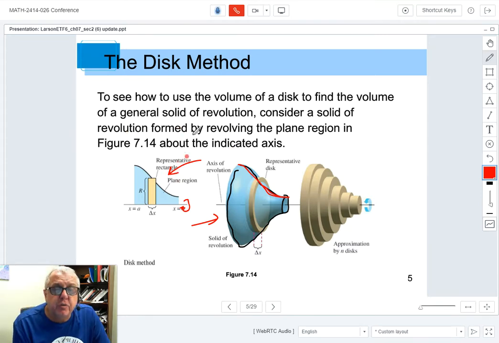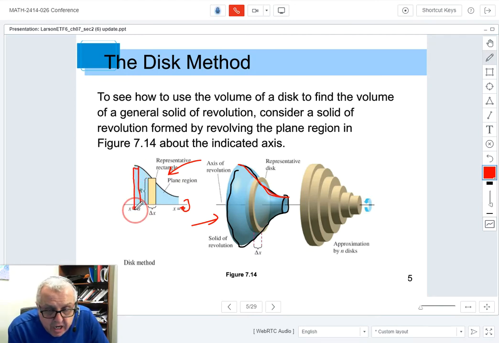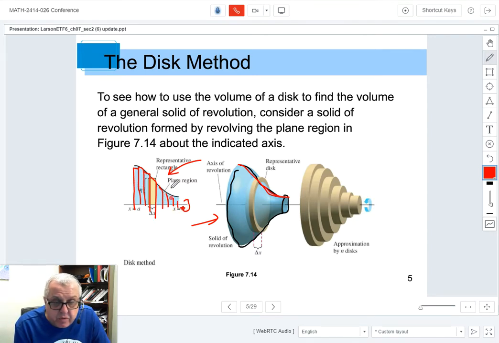And just like integration that we've done before, we started integration by adding up the area of rectangles. We would create a whole bunch of rectangles, and then we'd add the areas up, and we'd find the approximation for the area of the curve.